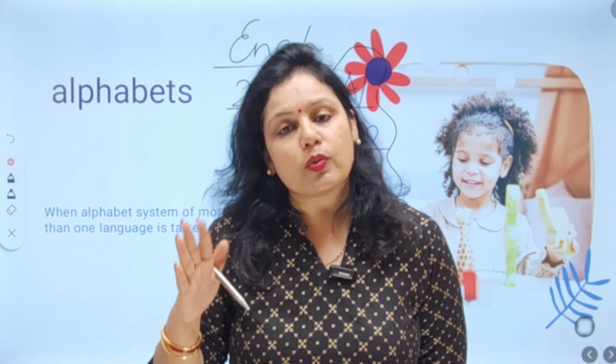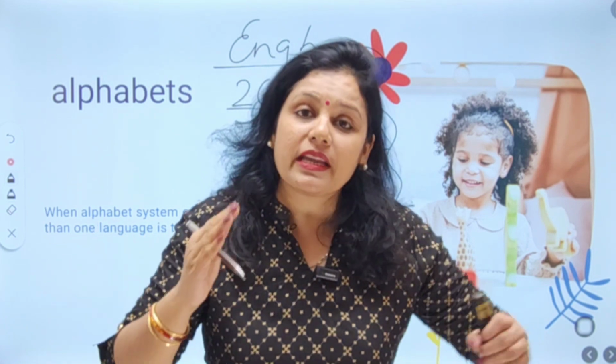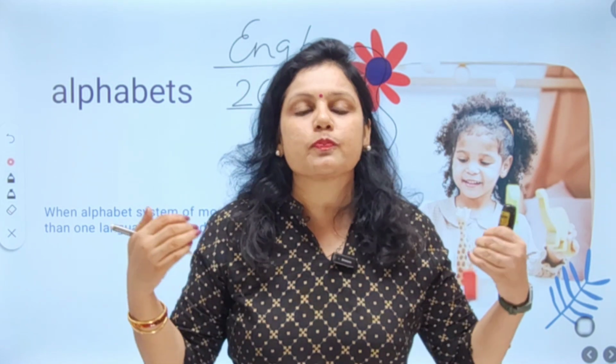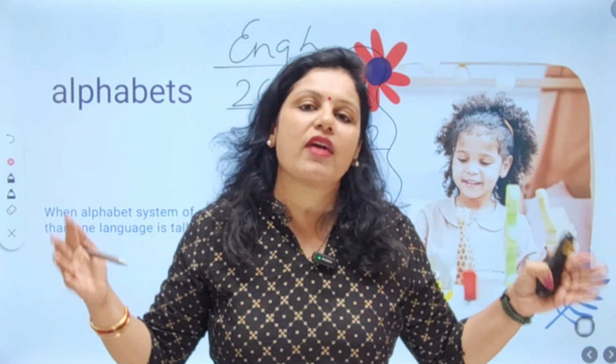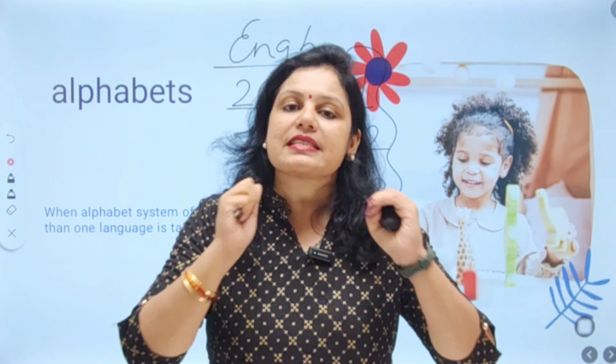If you are talking about alphabet, it means the English alphabet which contains only 26 letters. But if you are talking about alphabets, it is immediately perceived that you are talking about many languages which have different letter sets.